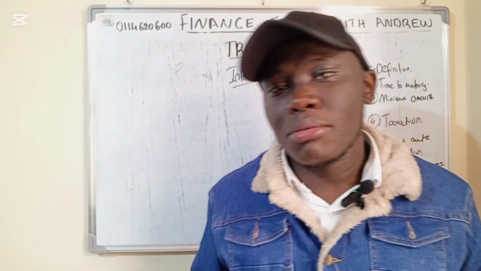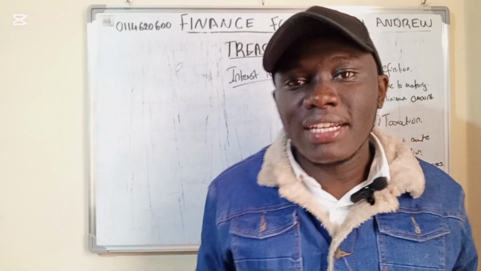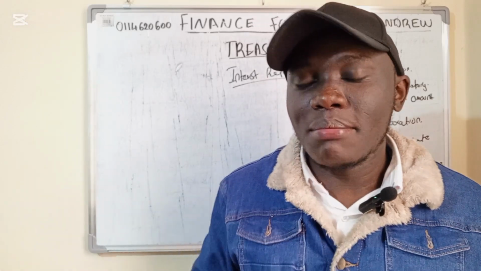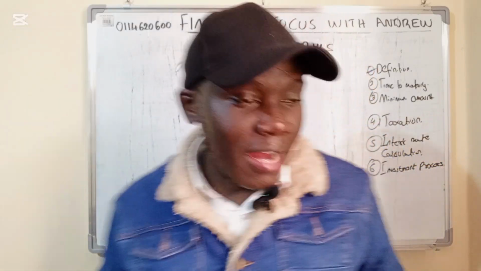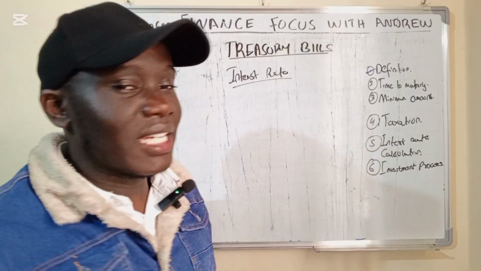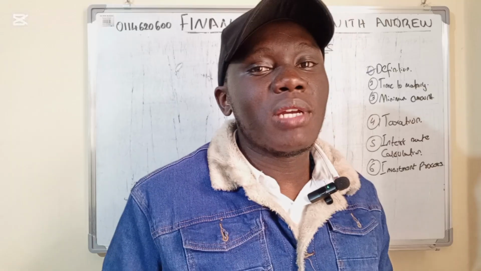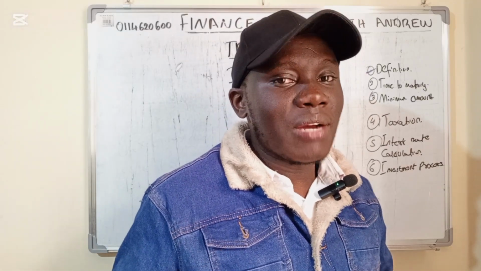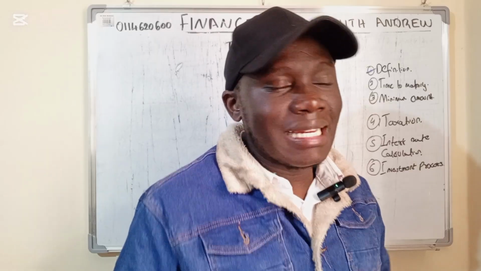When we were talking about treasury bonds, we said you invest and then you wait for the interest. But for treasury bills, the case is quite different. They are sold at a discount. For a good understanding, let's not go on with too much story, and go direct to the point and do some calculations so that you understand when we say treasury bills interest is discounted, or treasury bills are sold at a discount.